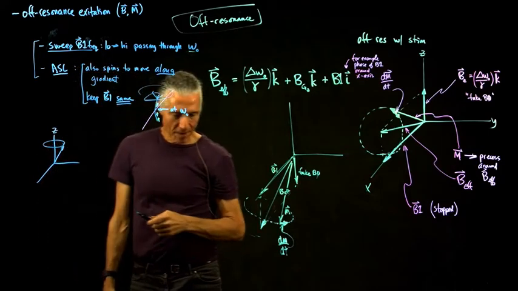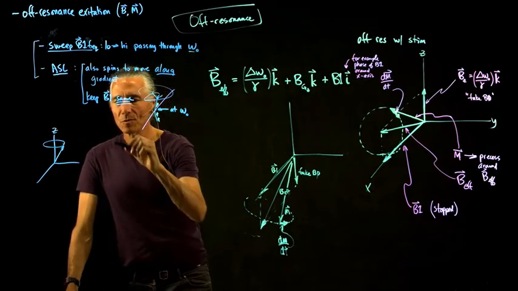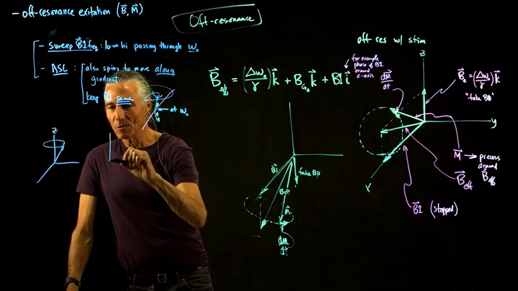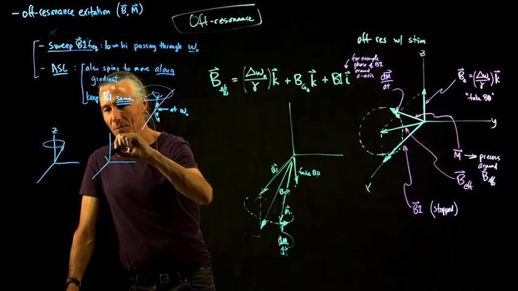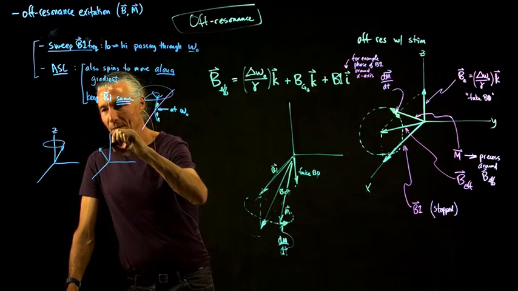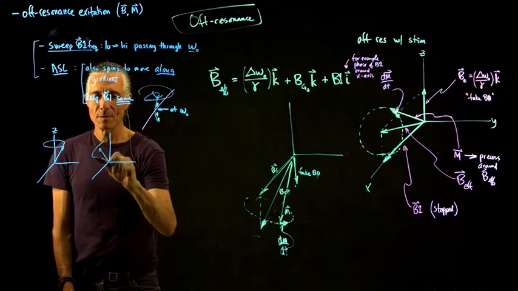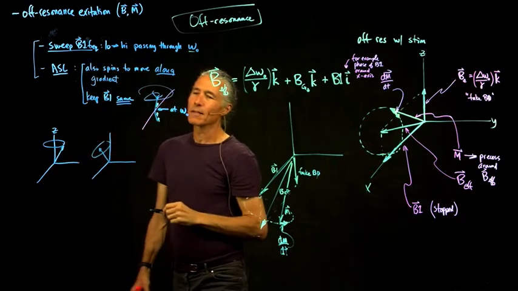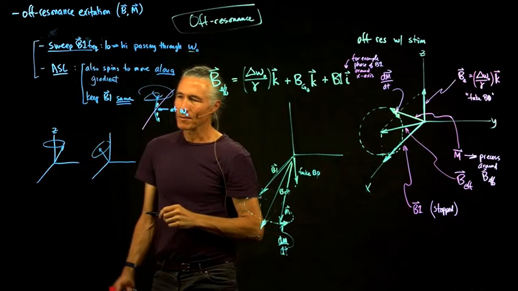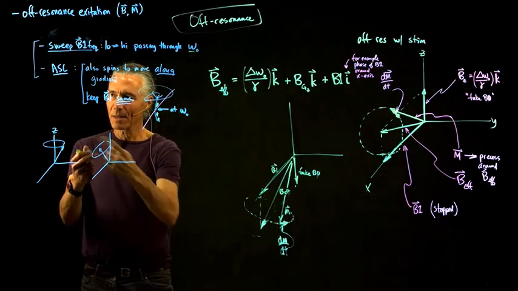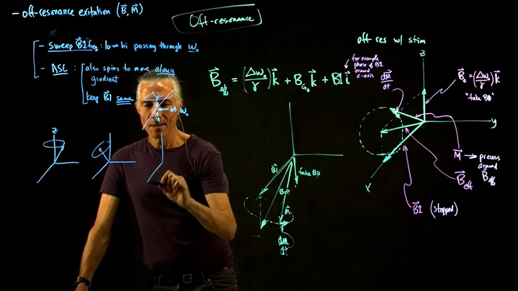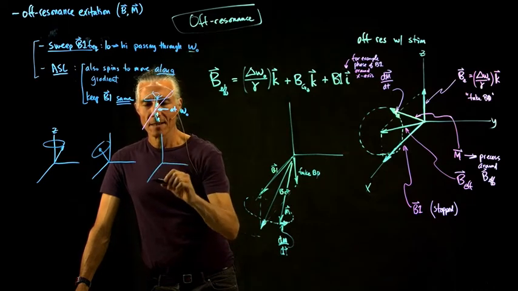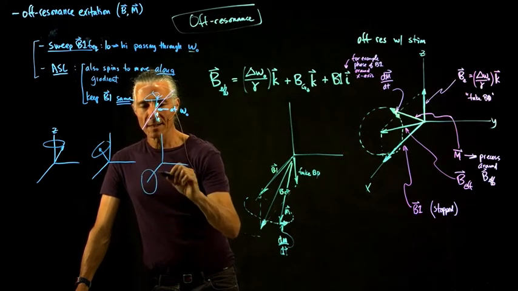And then as we start to get closer to on resonance, we'll be precessing as a result of the B1 stimulation around an offset axis. Then when we hit on resonance, we'll be precessing exactly around here.